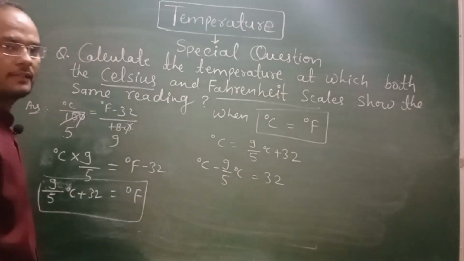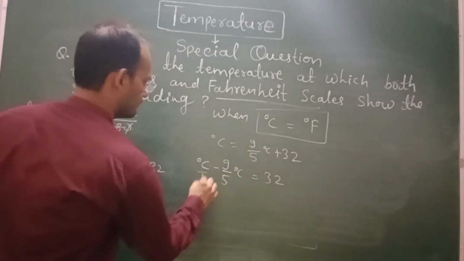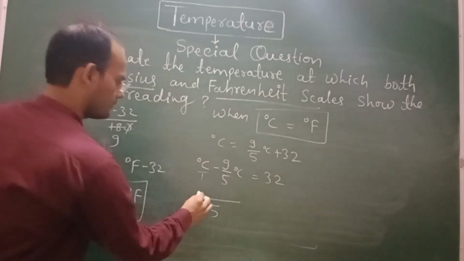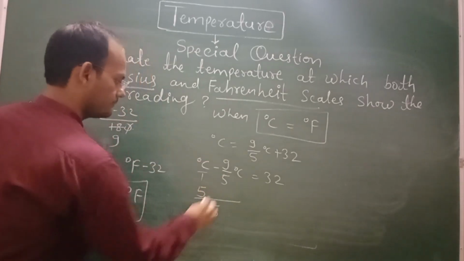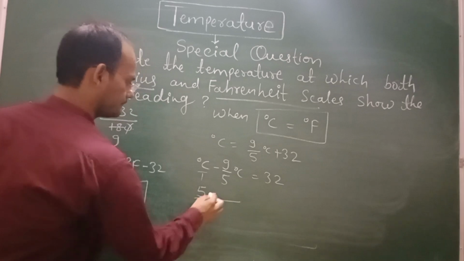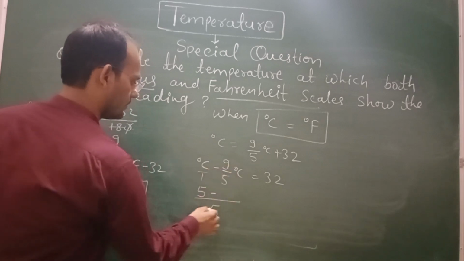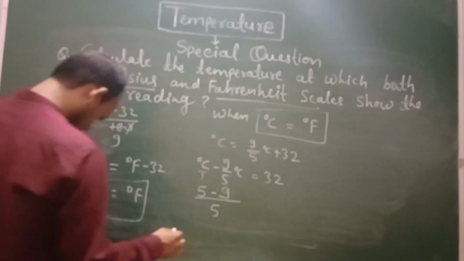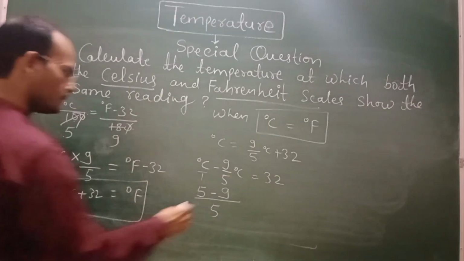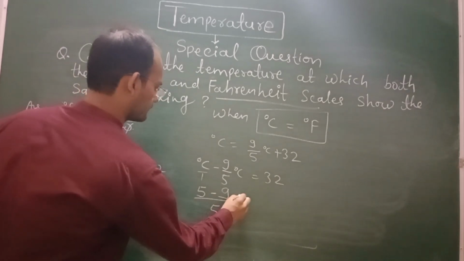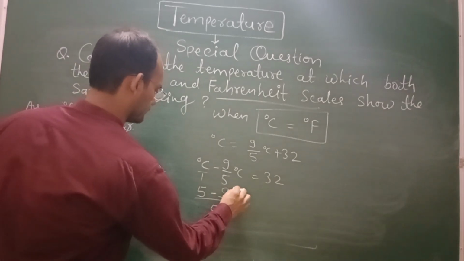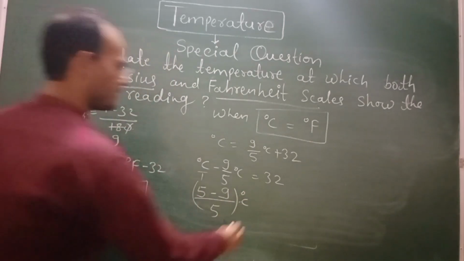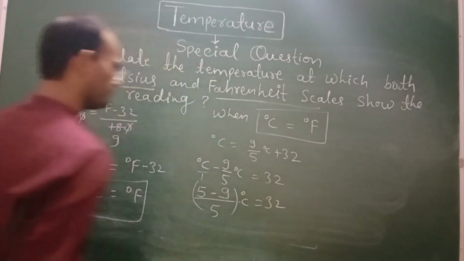Now we have to take the LCM. 5 and this 5 and minus, what will be the answer? 9. Common we have taken degree Celsius, 32.